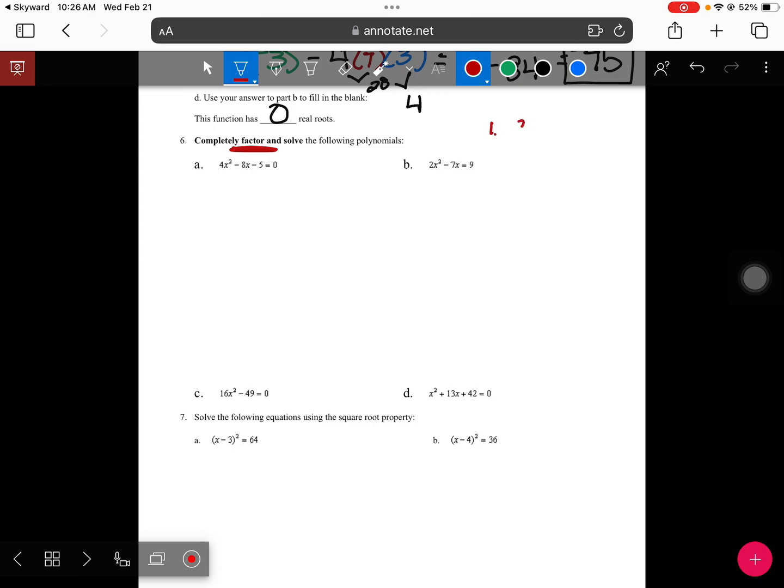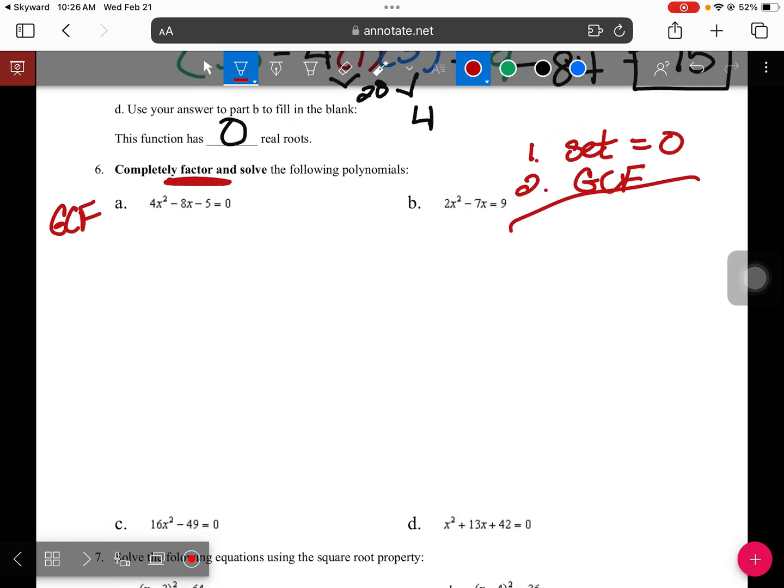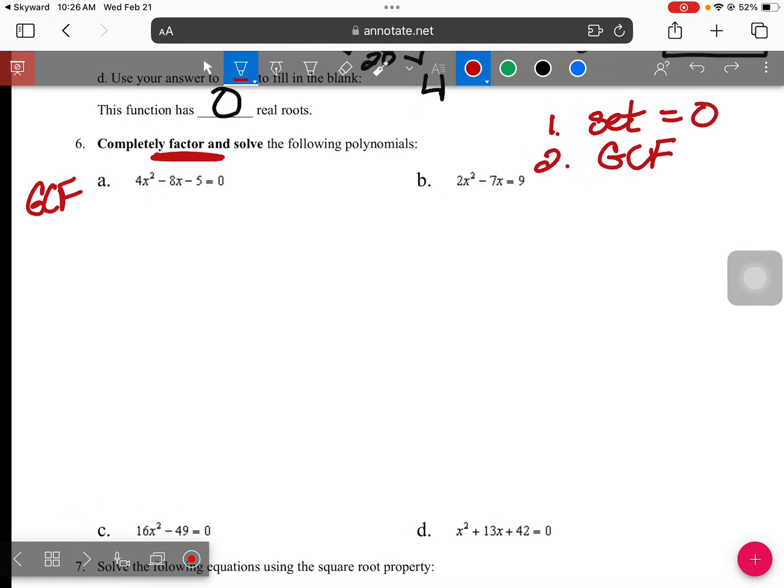So first thing, make sure it's set to 0. And 2, you're always going to check for GCF, okay, before you factor. So looking at A, it is set to 0. Do I have a greatest common factor for A? Survey says no.